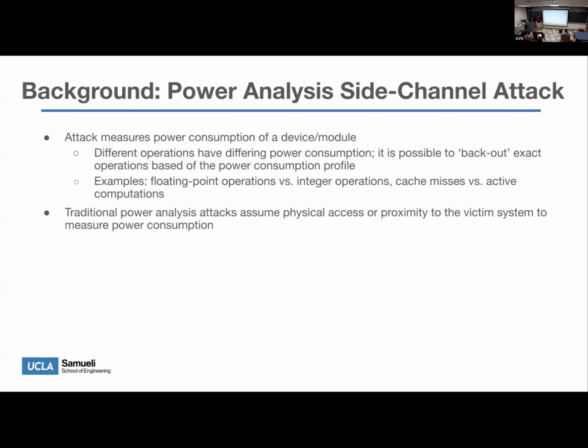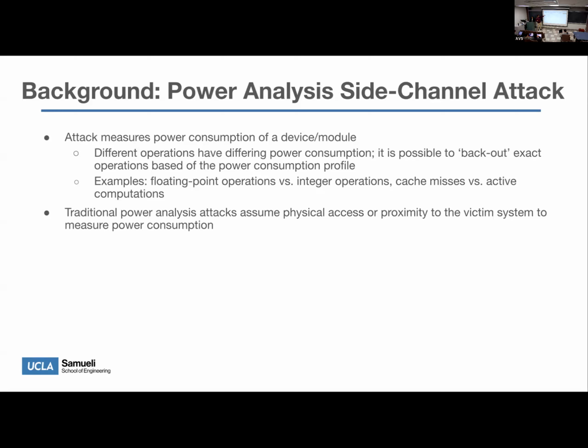So I just wanted to start with some background about what a power analysis side channel attack is. Essentially, kind of self-describing, it's just measuring the power consumption of a device or a module. So in this case, it would be like an RSA module on an FPGA.